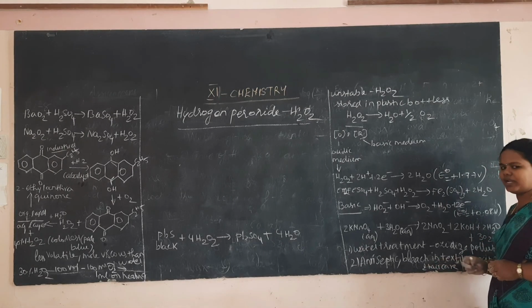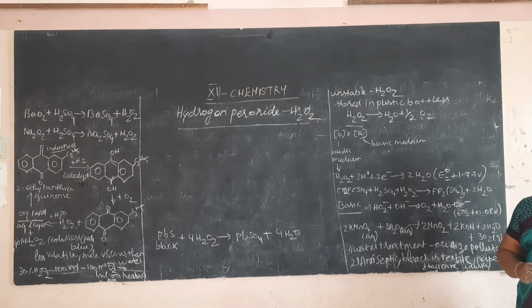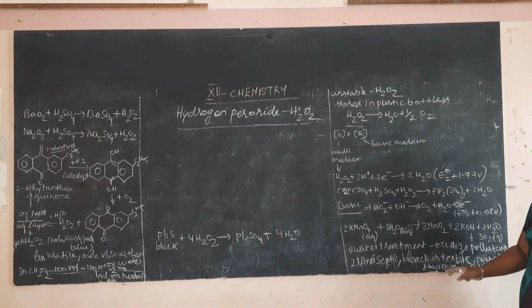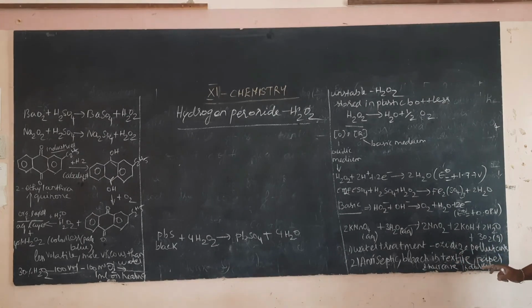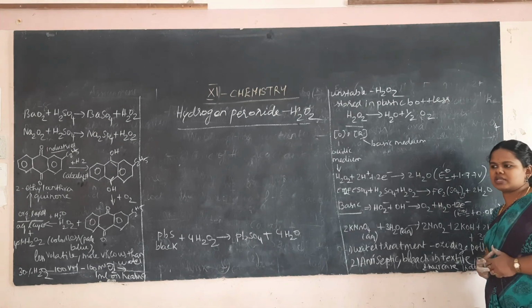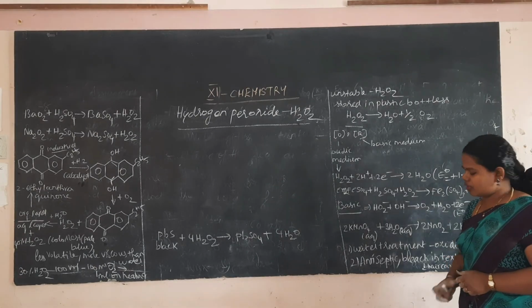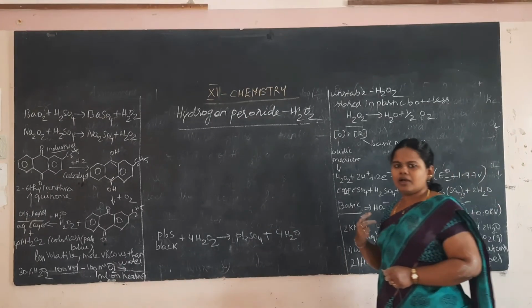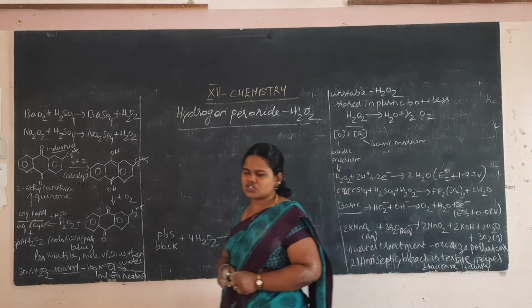It is used as a bleach in textiles to remove stains in clothes. It is used in the paper industry to bleach paper. And it is used in the hair care industry.